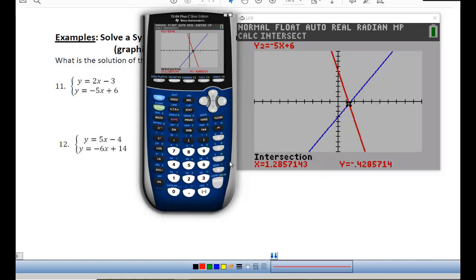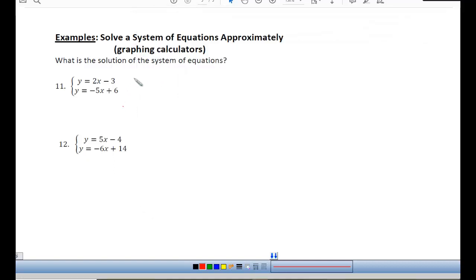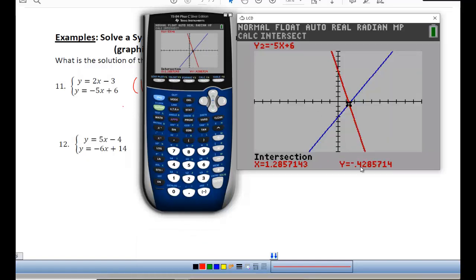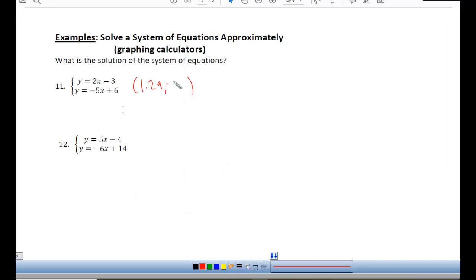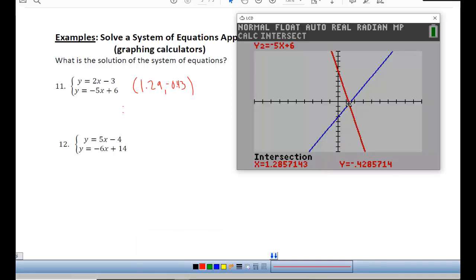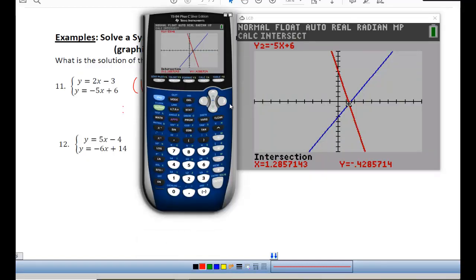The calculator will crunch those numbers. And I can see my intersection is at about 1.28 or 1.29 if we round. And then the second was negative 0.43.